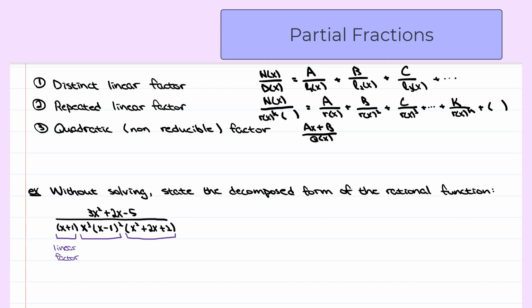And x cubed and (x minus 1) squared are repeated linear factors. And the last factor, x squared plus 2x plus 2, is a quadratic factor and is non-reducible.